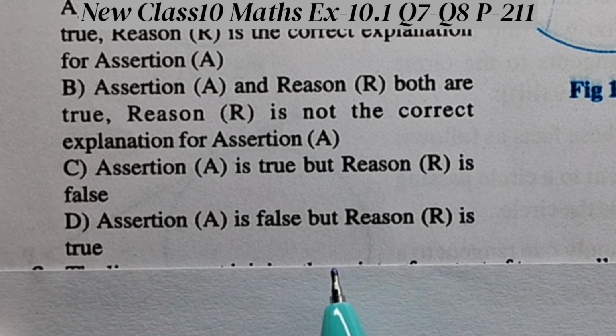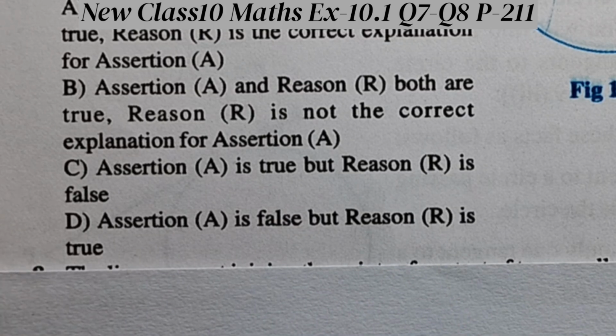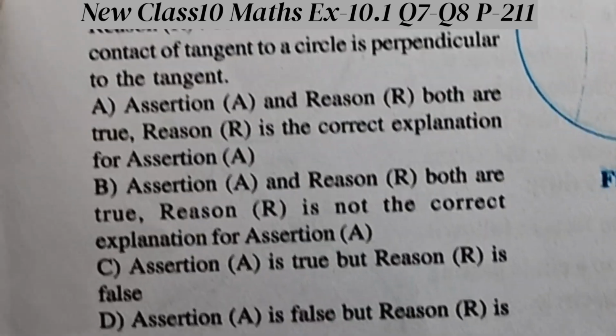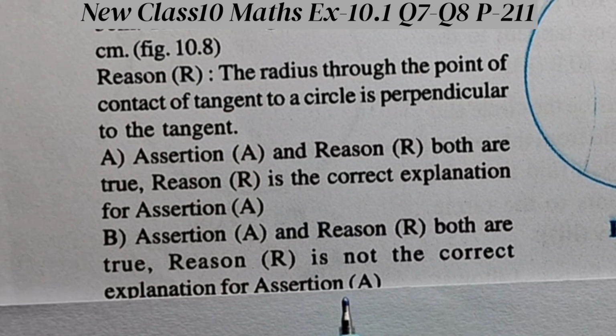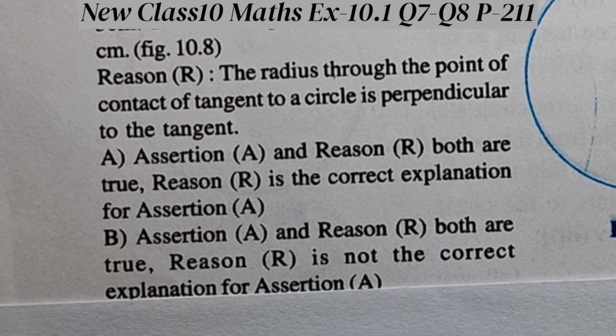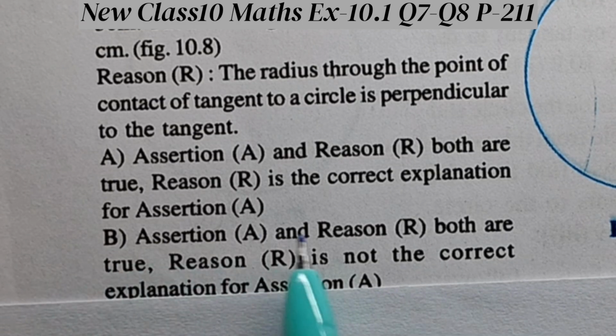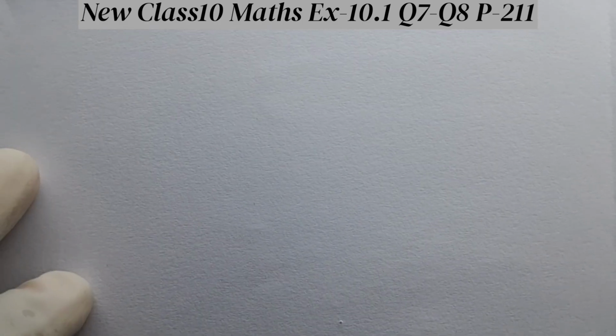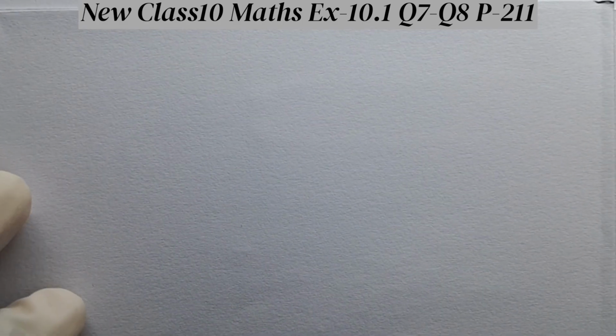D: assertion A is false but reason R is true. Again incorrect. So the correct answer is A: both are true, and reason R is the correct explanation for the assertion A. Let me draw the circle to explain.